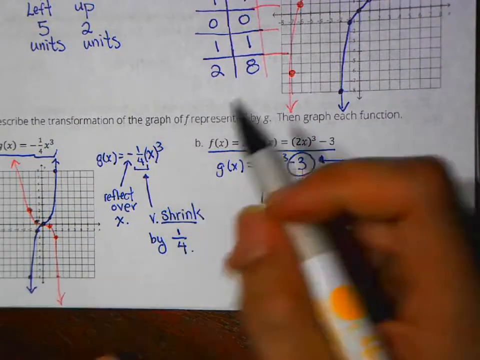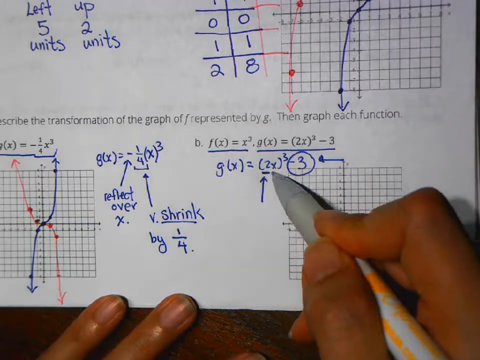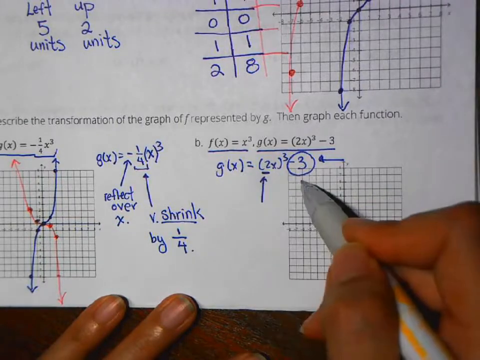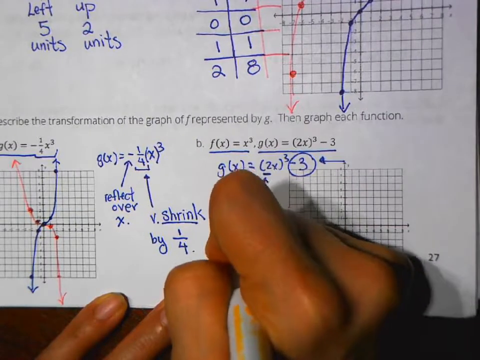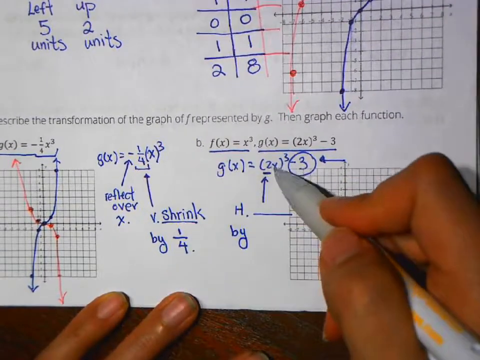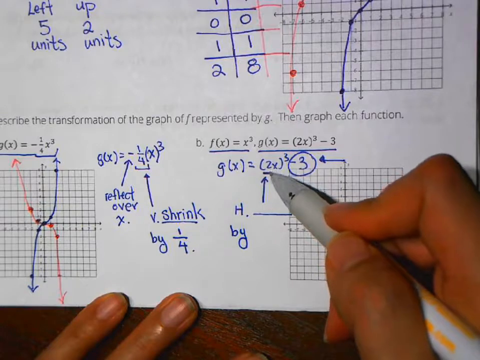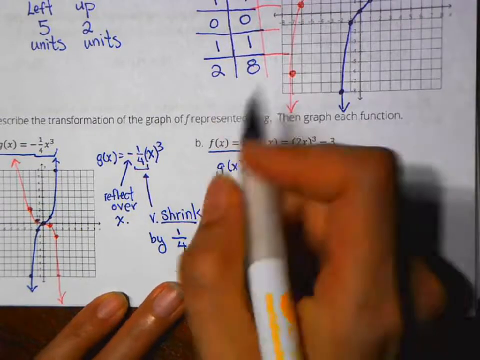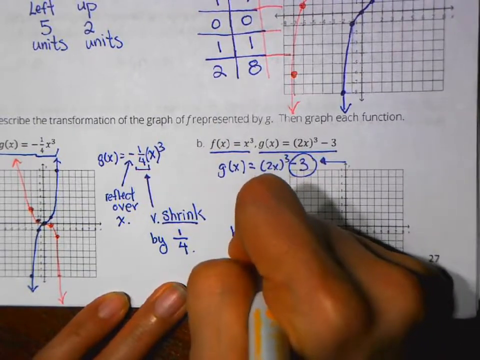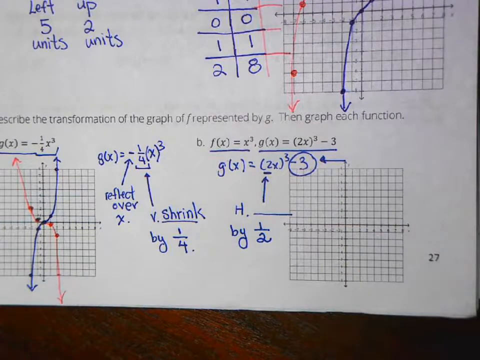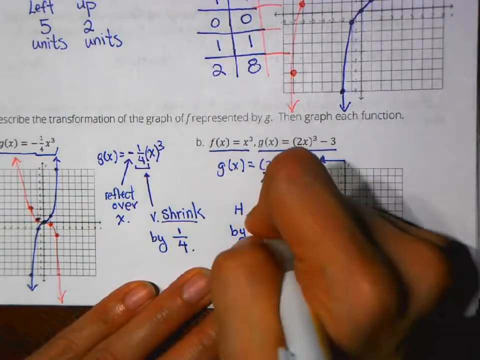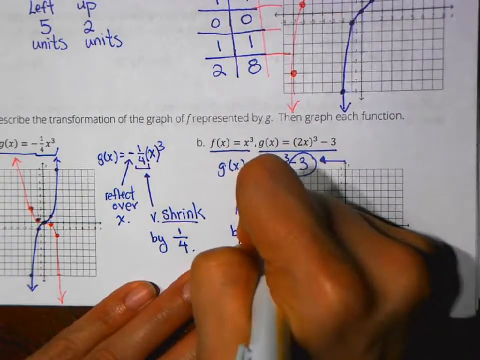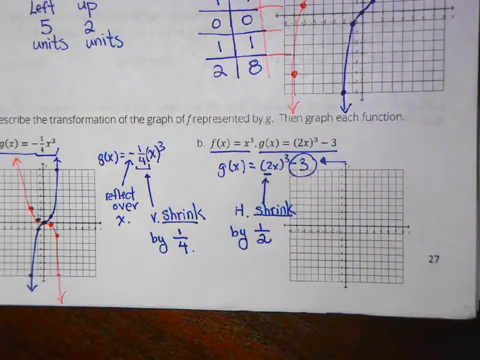Since I'm multiplying by 2 on the inside, that's a horizontal movement. So I know it's a horizontal stretch or shrink by a factor of, and since I'm doing the opposite, the reciprocal on the inside, that's actually a horizontal shrink by a factor of 1/2. And since 1/2 is smaller than 1 and bigger than 0, between 0 and 1, this is a horizontal shrink.